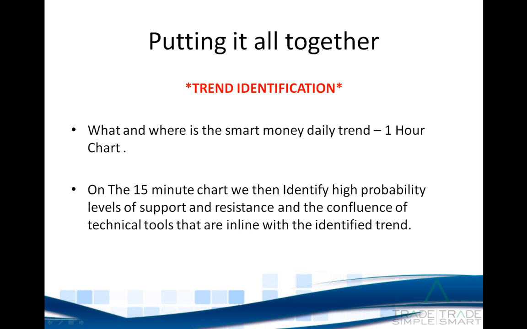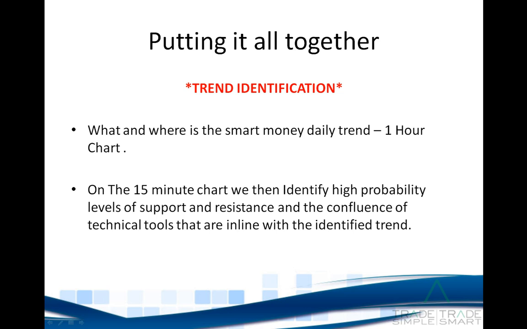So the first question, once you've pulled up a currency pair, is what and where is the Smart Money daily trend? And we know by now that we would look at the 1 hour chart, and we're going to look to identify whether we're in phase 1, phase 2, phase 3, or if we are in level 3 accumulation.